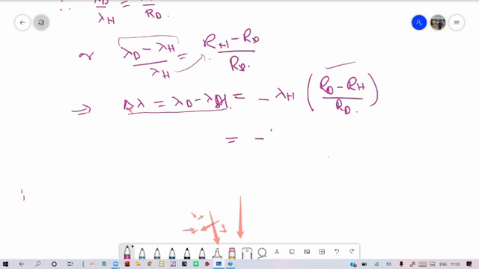So it is minus, we can write, 4861.33 angstrom into, if you incorporate the mass of this deuterium into the Rydberg constant, it comes out in centimeter inverse.